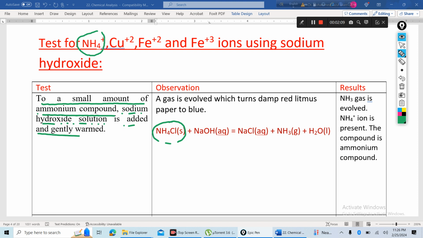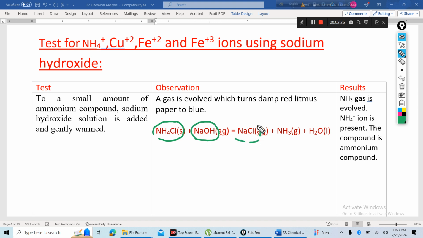It is gently warmed, slightly heated. What happened? Ammonium compound reacts with sodium hydroxide to produce salt, ammonia plus water.